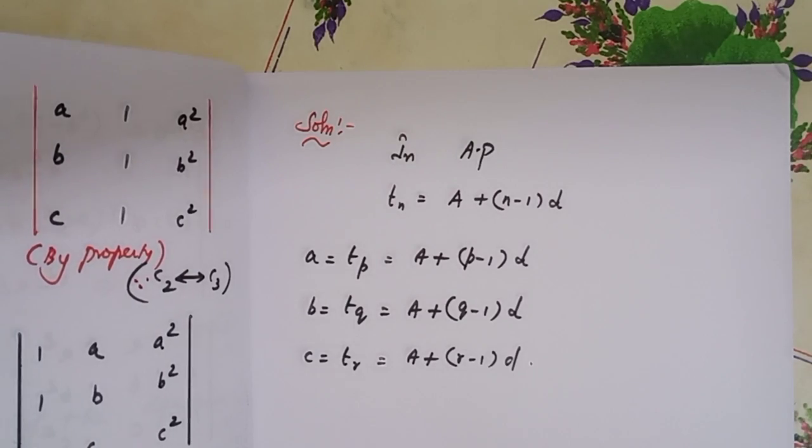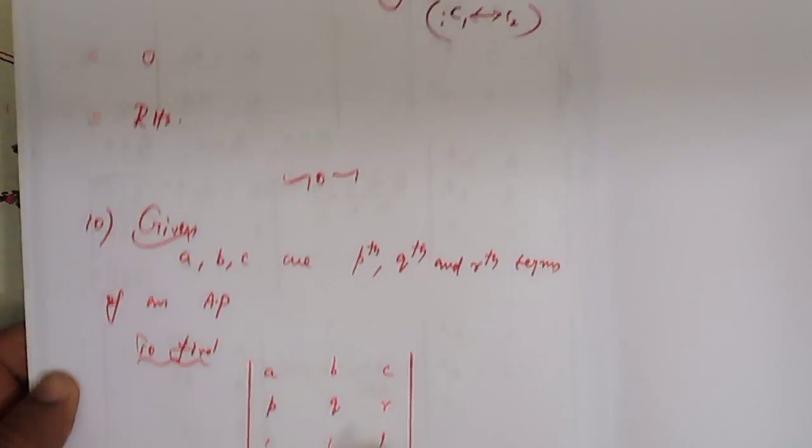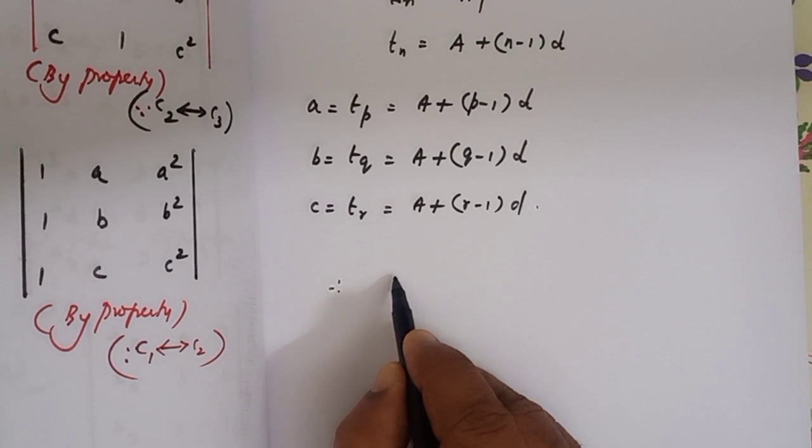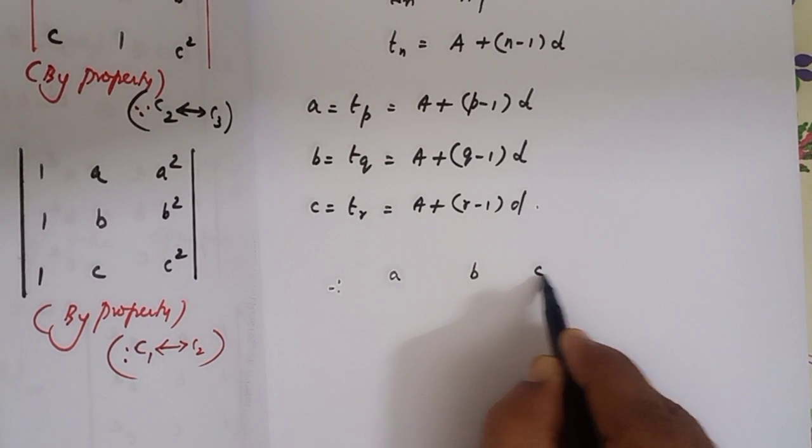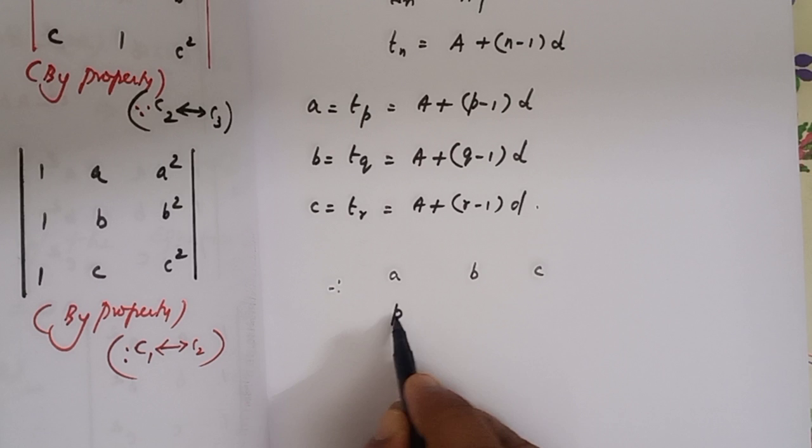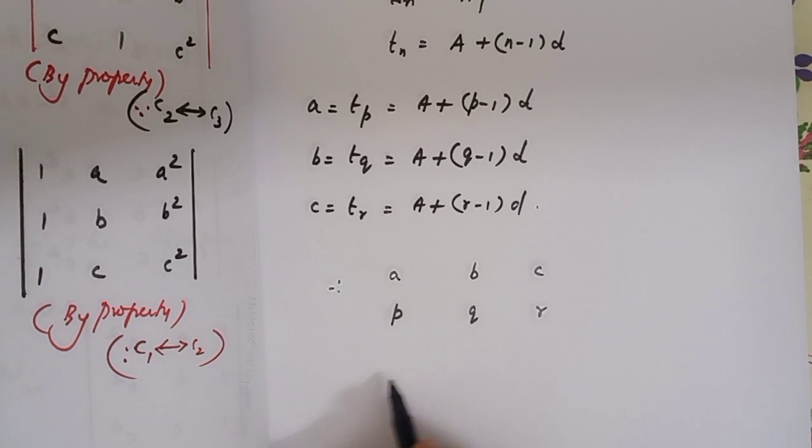You are asked to find the determinant with rows a, b, c; p, q, r; 1, 1, 1.